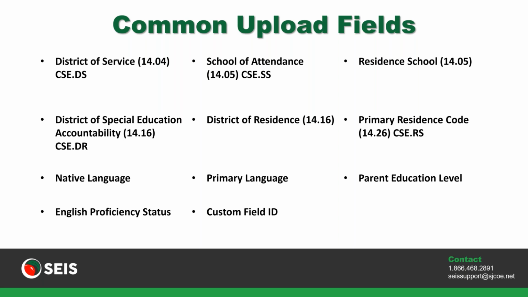These are fields that would be captured through the registration packets, where they would be entered into the SIS prior to SEISS. So those would be things such as school of attendance, parent education level, district of residence, proficiency status, all things that are captured through those registration packets and would be more accurate in the SIS. And of course, you can upload any field that you feel would benefit from uploading into SEISS. But again, you would just be selecting the fields that would be more accurate in the SIS.